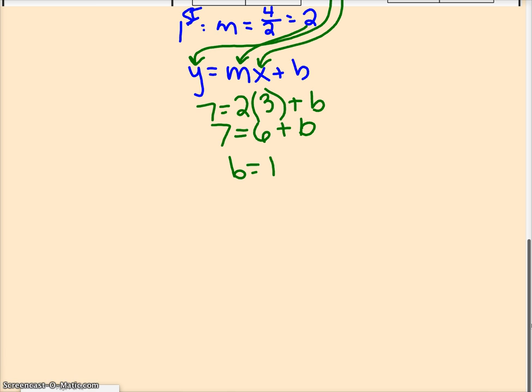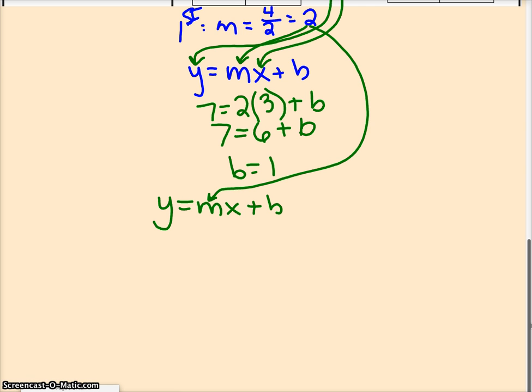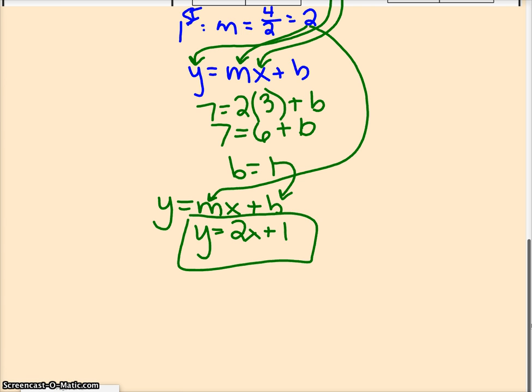Now I have to rewrite it: y equals mx plus b. I got my m, I got my b, y equals 2x plus 1. That's the equation. Your equation should always have a y and an x.